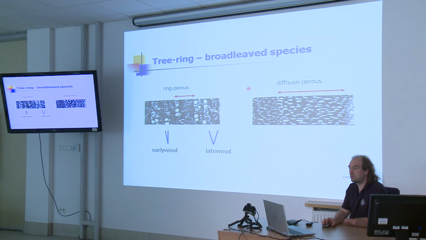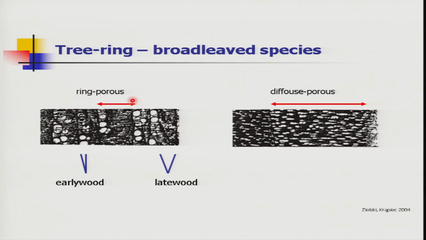For broadleaf species, the situation is more diverse and more complex. Ring porous species produce structures similar to the conifers. We can distinguish rows of vessels that are created in the early wood part.